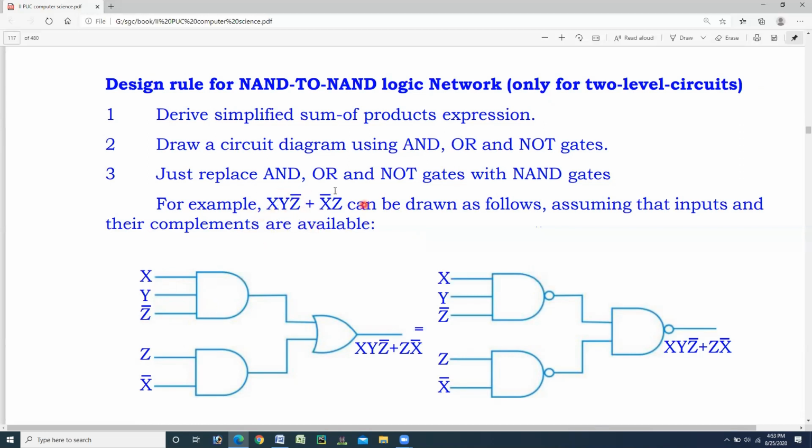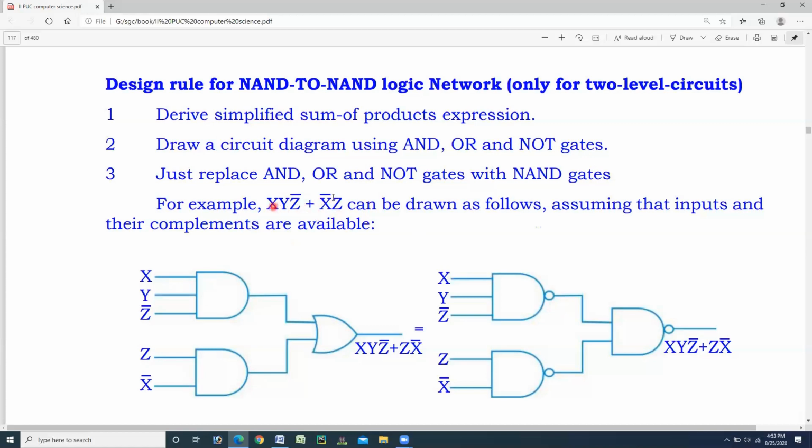This is the first operand. For the second operand, X complement Z, it is X complement into Z. So again we need an AND gate. We have taken one more AND gate, and given inputs X complement and Z. After designing these two operands, in between there is a plus. Plus means OR gate, which performs logical addition.